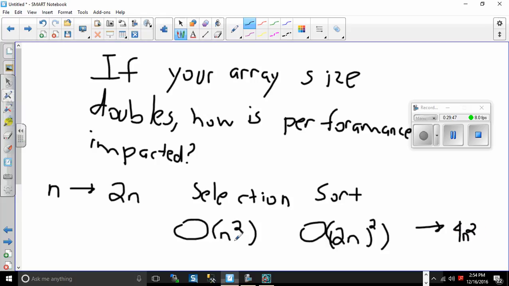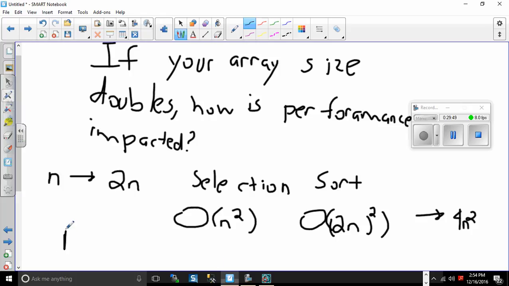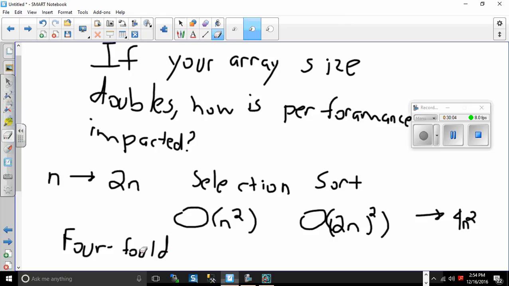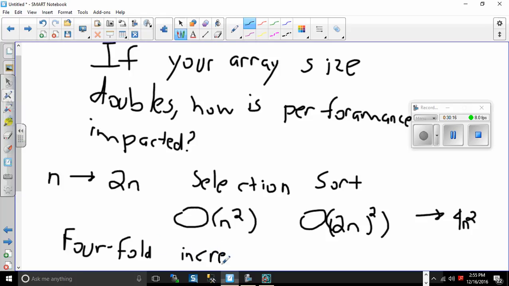So what this means then is that we have a fourfold increase in runtime.